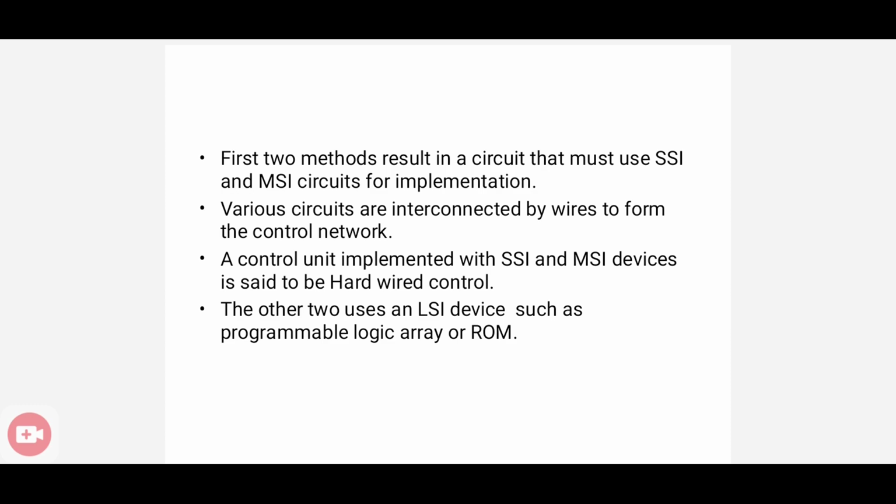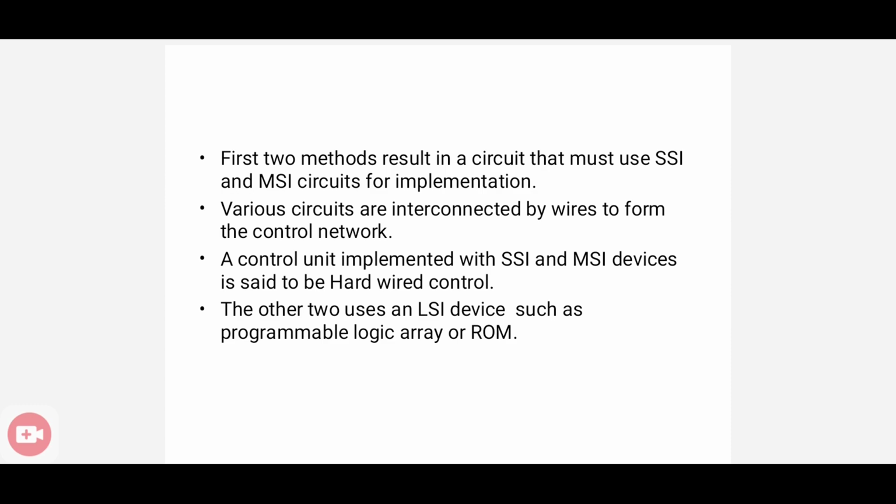So these two methods are known as the hardwired control method. The other two, PLA control and microprogram control, use LSI devices for implementing, such as the programmable logic array used in PLA control, and a special ROM used in microprogram control.